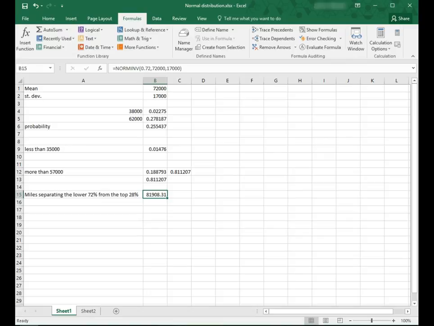And we get a mile value of 81,908. And that is how you can use the probability functions in Excel to work with normal distributions.